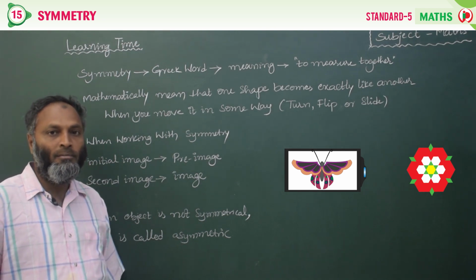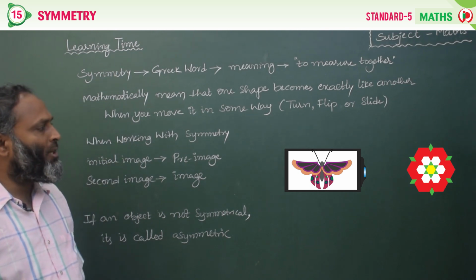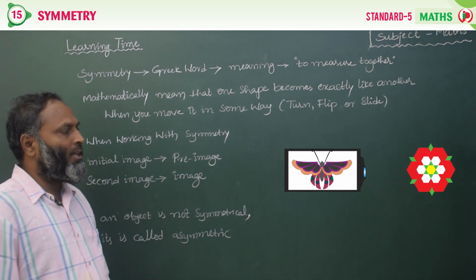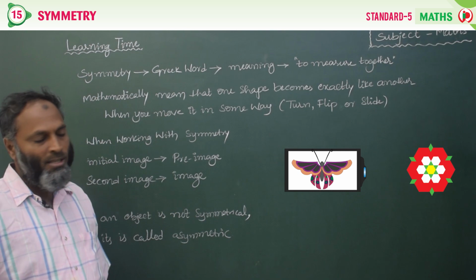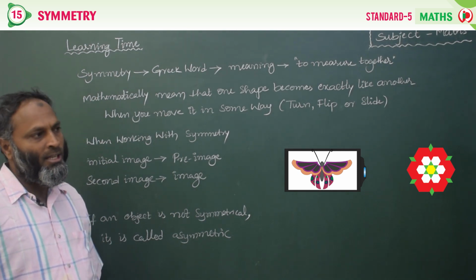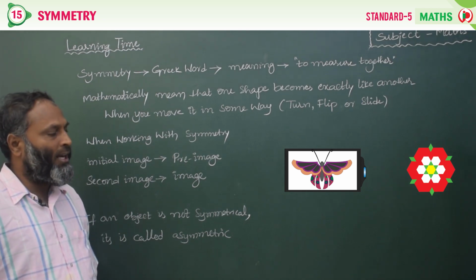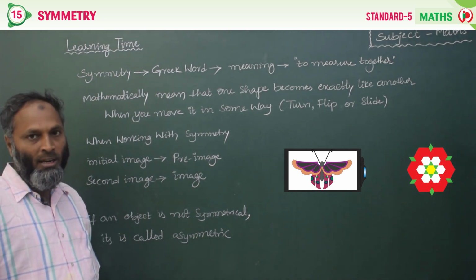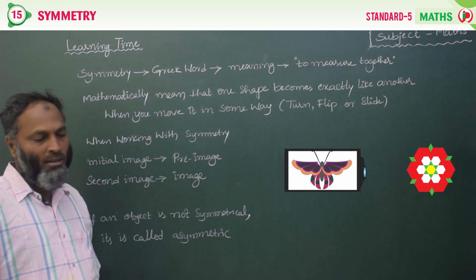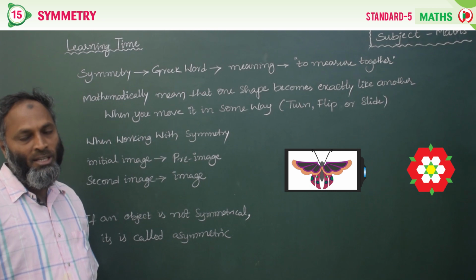Okay, students, here in the picture, two pictures are given: a butterfly and a pattern. The butterfly is symmetrical. If you draw a vertical line through the middle, the left and right shapes are the same shape and size.